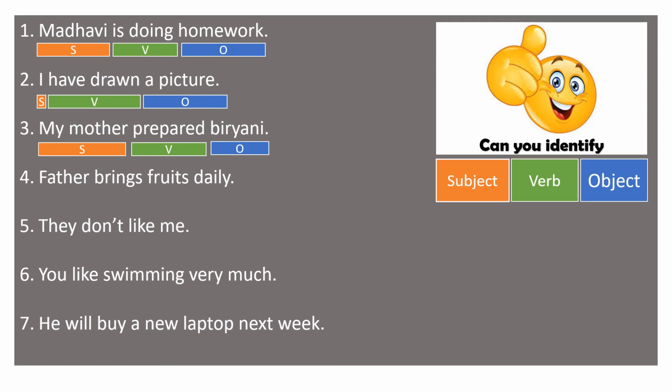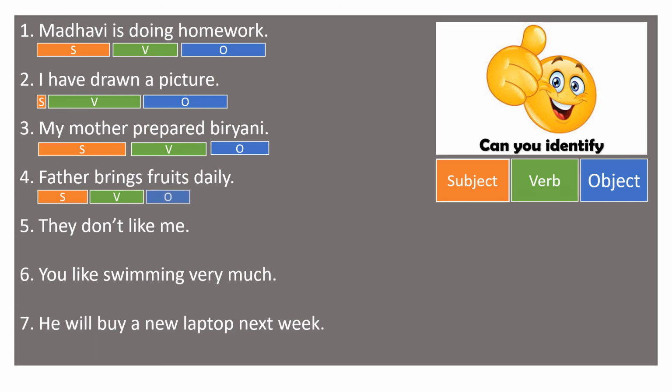Father brings fruits daily. Who is the sentence about? Father. So father is the subject here. And what does he do? Brings. Brings is the verb. What does he bring? Fruits. He brings fruits.